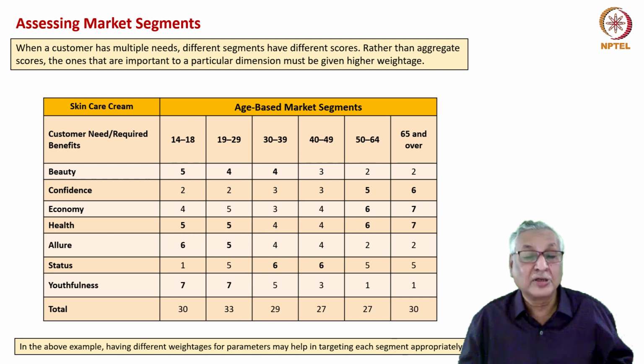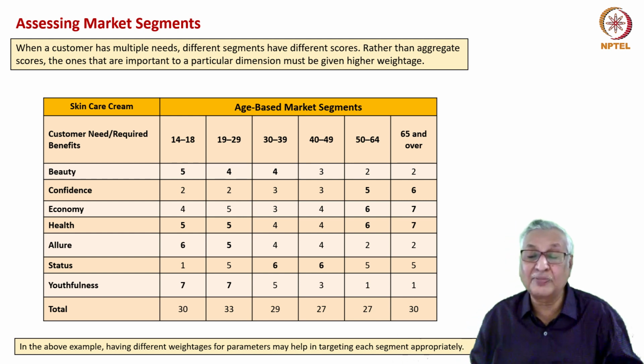Similarly, on allure, a good moisturizing cream may improve the allure of the individual, whereas a 65 and over person may not care at all from that point of view. So one person buys a product for different reasons than what the other person chooses in purchasing the product. This will help targeting of different segments in an appropriate manner.